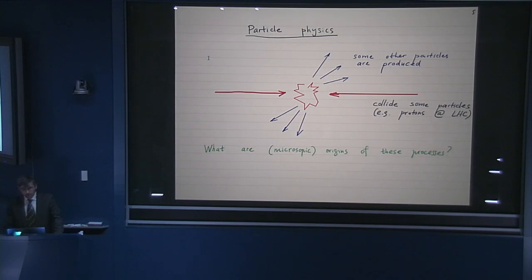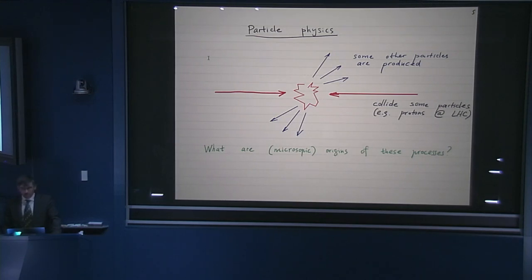So particle physics offers a slightly different perspective on this connection, because in particle physics we have particles, and particles are themselves rather tiny entities. You can say that they are already kind of microscopic. But we are not satisfied with how microscopic they are. We build accelerators to smash those particles against each other, like, for example, now at LHC, at CERN, we smash protons.